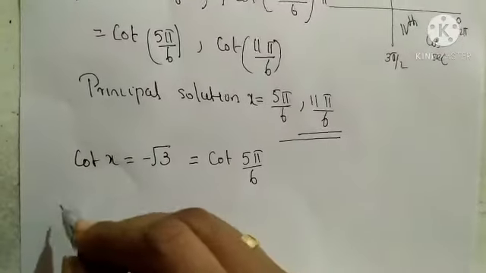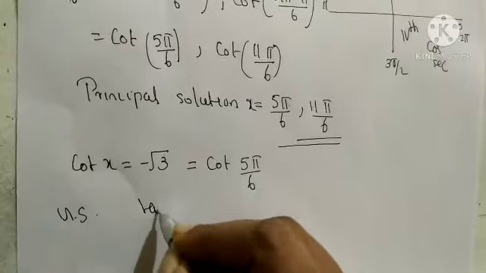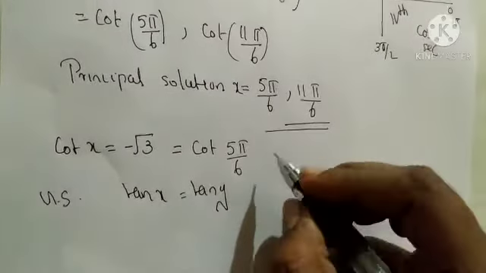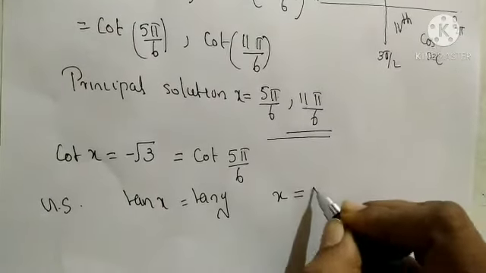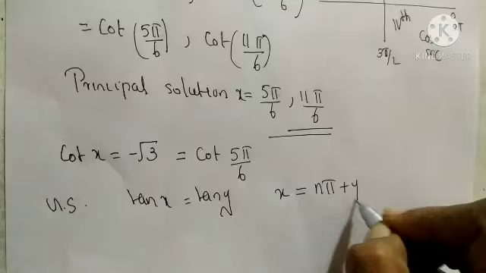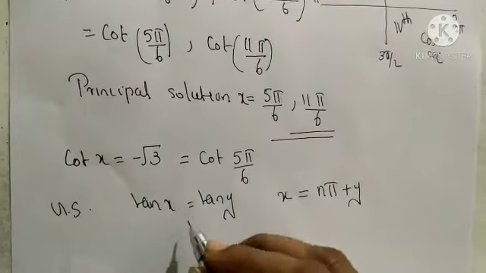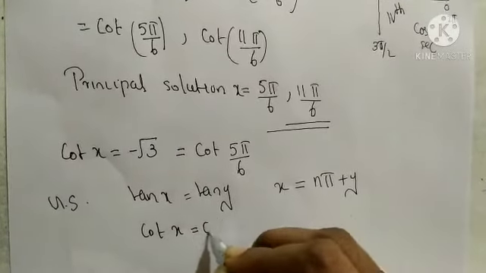So in general, the solution of tan x equal to tan y is x equal to n pi plus y. We know that tan x is the reciprocal of cot x, right? So this also satisfies the same condition.